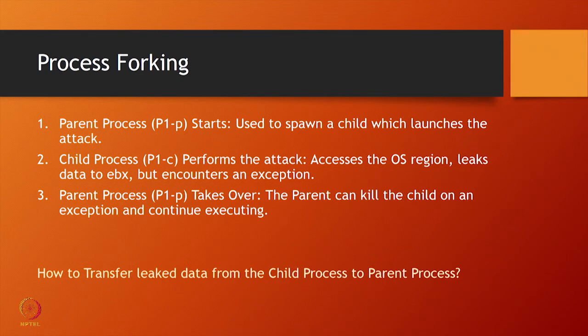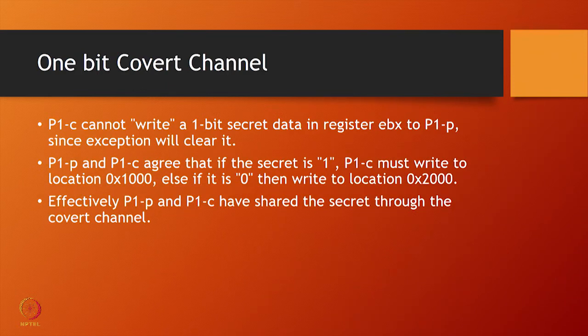Now the question was how to transfer the leaked data from the child process to the parent process. One very interesting thing is that the child process cannot pass the secret data in register EBX to the parent process, since the exception will clear it. Whatever the transient instructions did will be cleared.